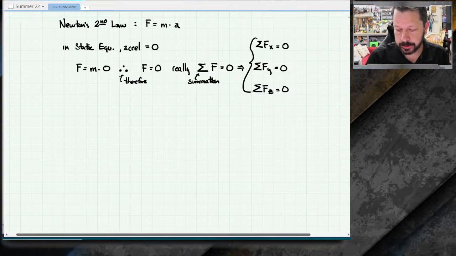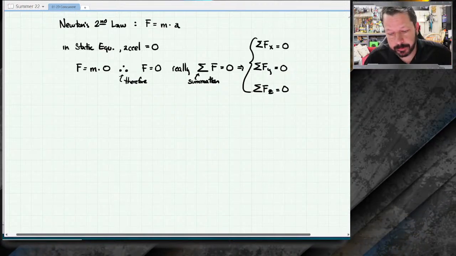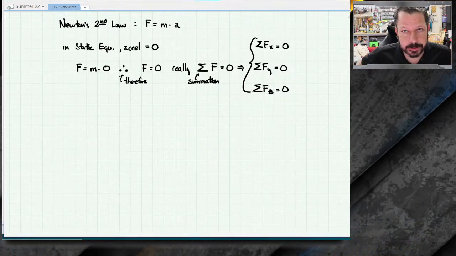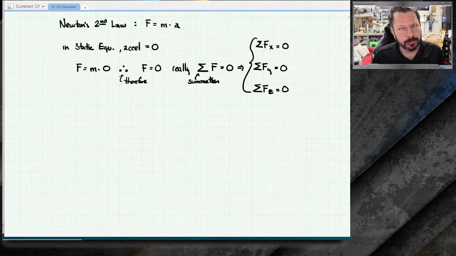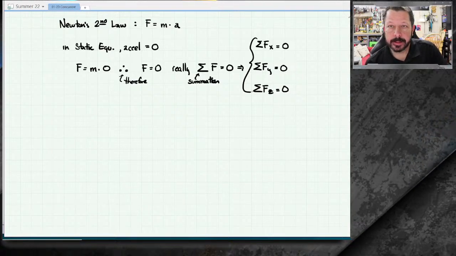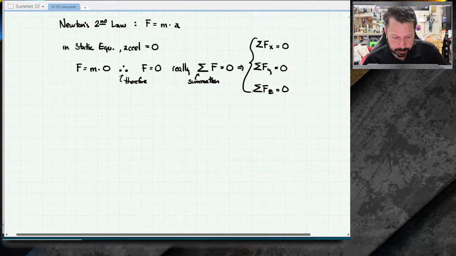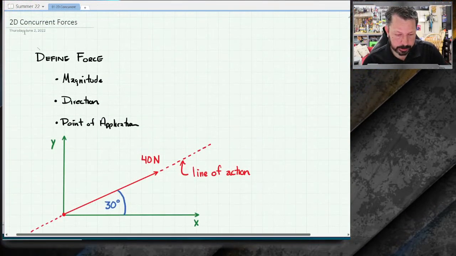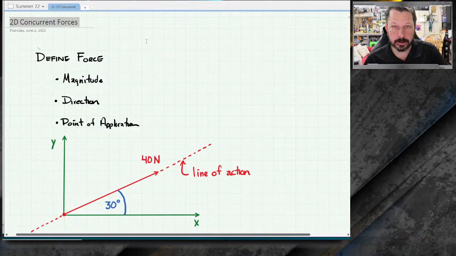There's one other also that we'll deal with later because things can rotate. But we're in a concurrent force system, things aren't rotating. So we don't have to worry with that one yet. We'll do that in maybe 2 weeks. So what this tells me is that I've got 3 different directions, x, y, and z, but today we're in 2D concurrent forces, so I only have x and y.